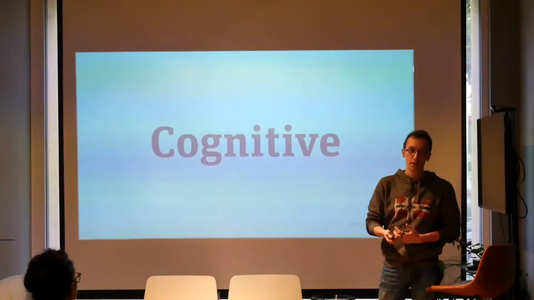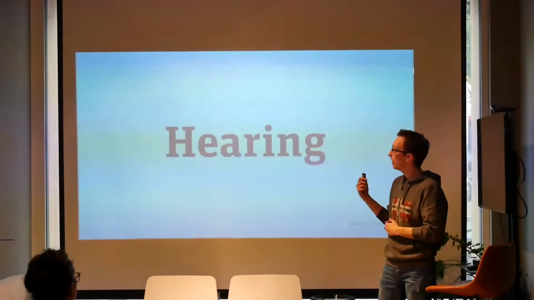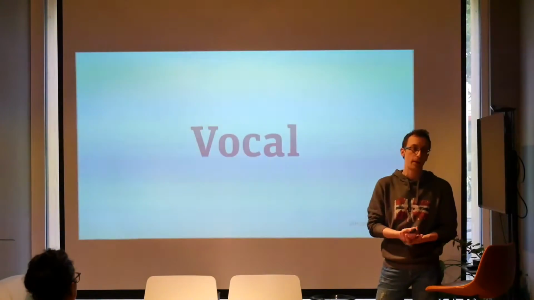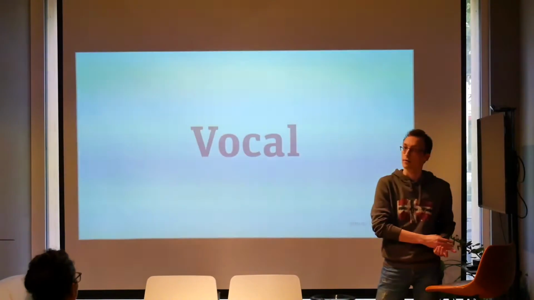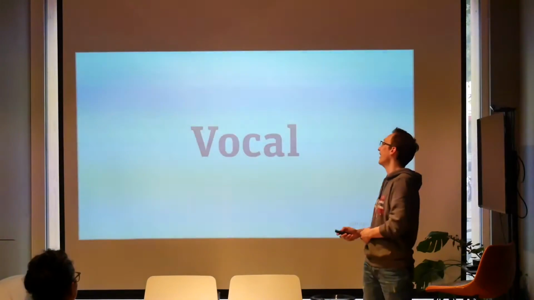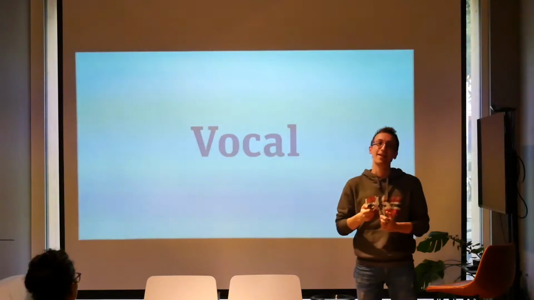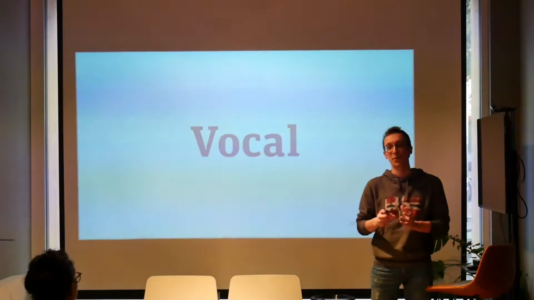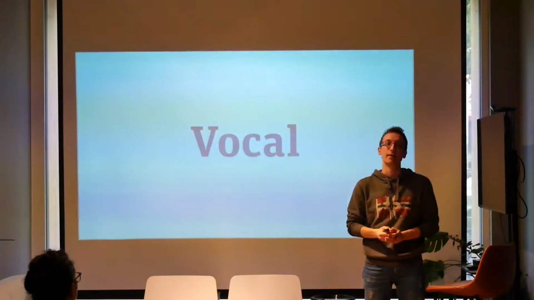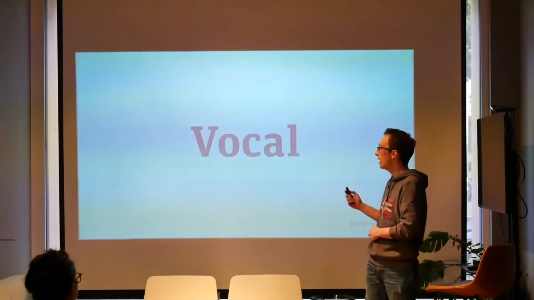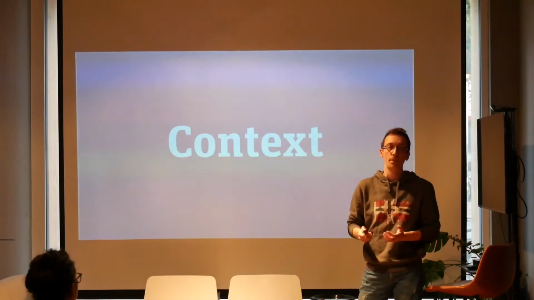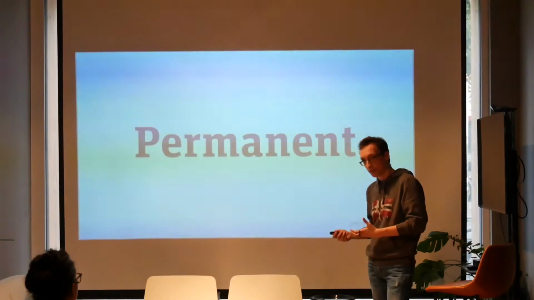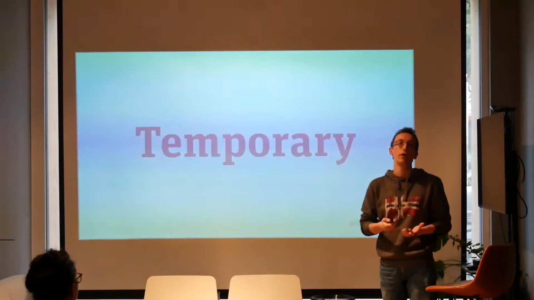Mobility impairments, cognitive impairments, hearing impairments, and finally vocal impairments, which we are going to skip tonight because I would need a 45-minute slot to discuss that. I'm going to skip vocal, not because it's less important, it's just that for the web, it's usually a little bit less vocal driven. And on top of those categories, we have some sort of a context. Disabilities can be permanent, temporary, or situational.